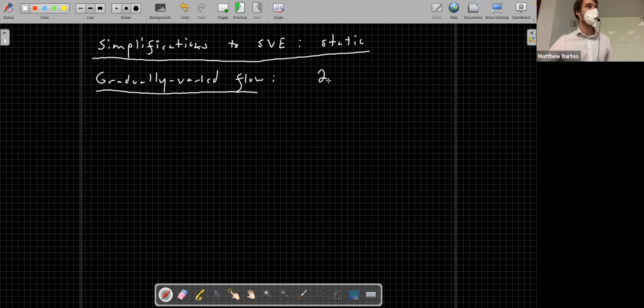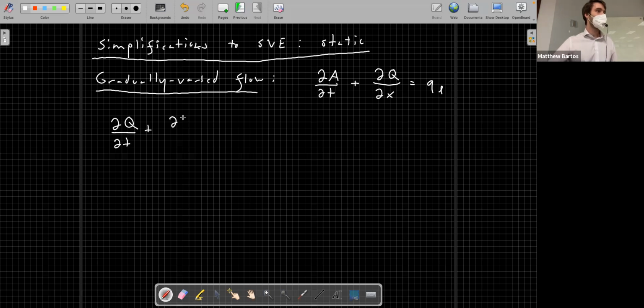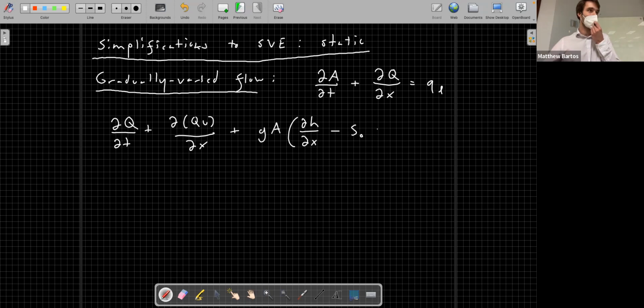So let's write out our equations from before. We have dA by dt. This is continuity equation. dA by dt plus dq by dx is equal to the lateral overflow. And in the momentum equation, we have dq by dt plus d(qu) by dx plus gA times dh by dx minus the bottom slope plus the friction slope is equal to 0.